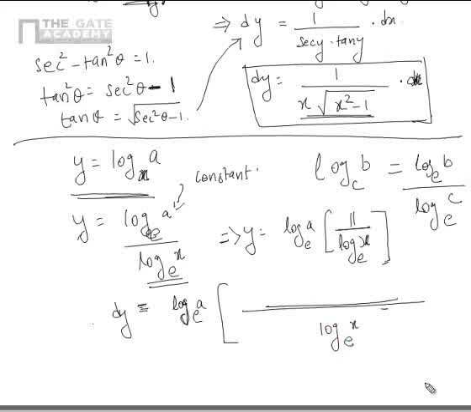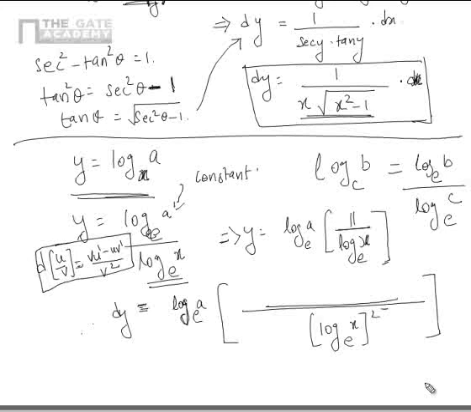Log x to the base e the whole square into vu dash. What is the formula we are using? Differentiation of u by v is equal to vu dash minus uv dash over v square, correct? This is the technique we are using here.